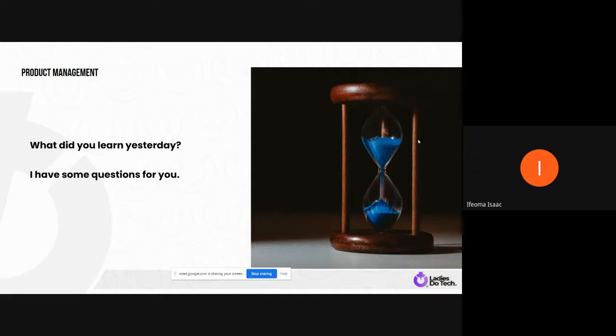Those stages can help you determine how you can come up with solutions to help a business grow, make revenue and meet business goals as well. So briefly, that's one of the things I learned yesterday. Okay, very good. I like that. Thank you very much for that.